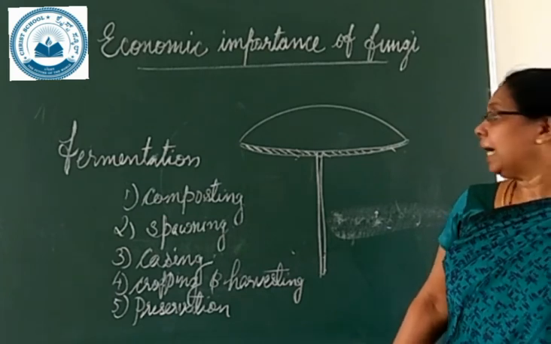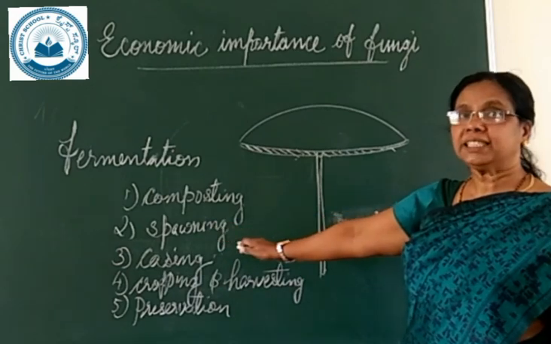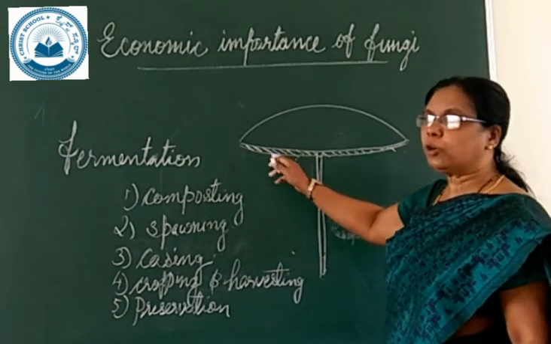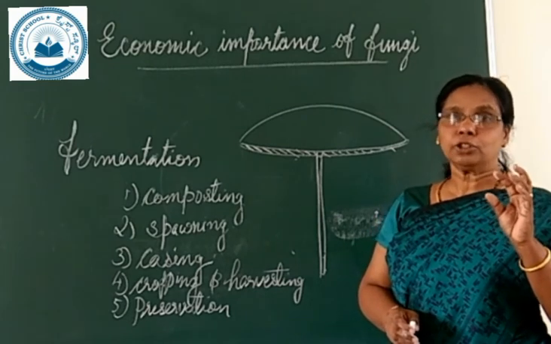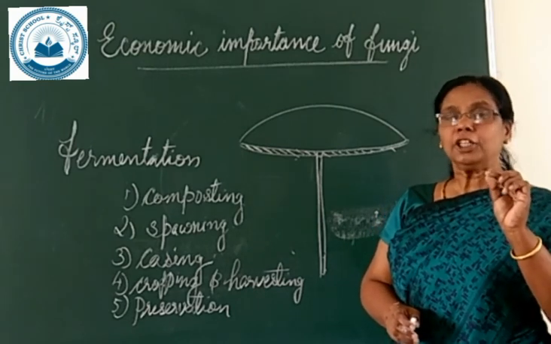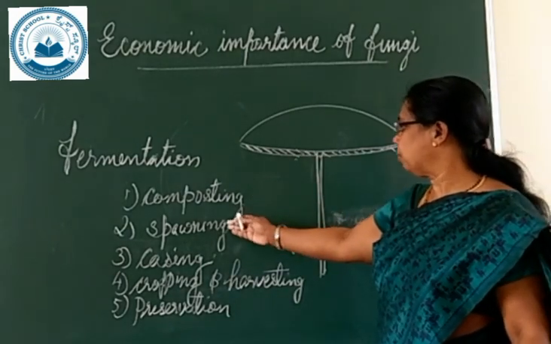And next is called spawning, that is, we are sowing the seeds of the mushroom, which is called spawn. Don't think that by the word seeds it is so big in size, it's very minute, small spore-like structures, and that is called spawning.